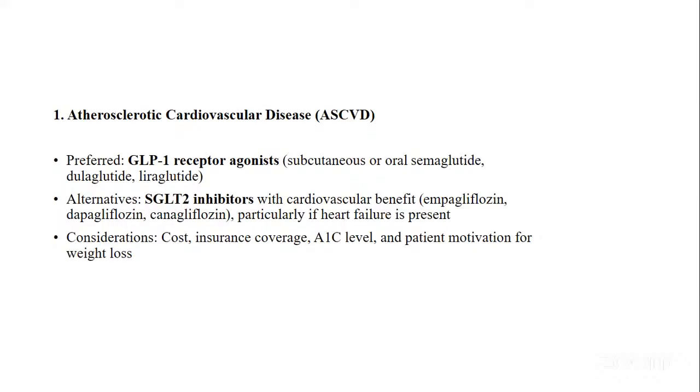These also have proven benefit, especially for heart failure hospitalization, reduction of mortality, and reducing kidney disease progression. So the preferred one is GLP-1 receptor agonist, and the alternative is SGLT2 inhibitor. For these patients, we have to consider the cost, insurance coverage, A1C level, and patient motivation for weight loss.